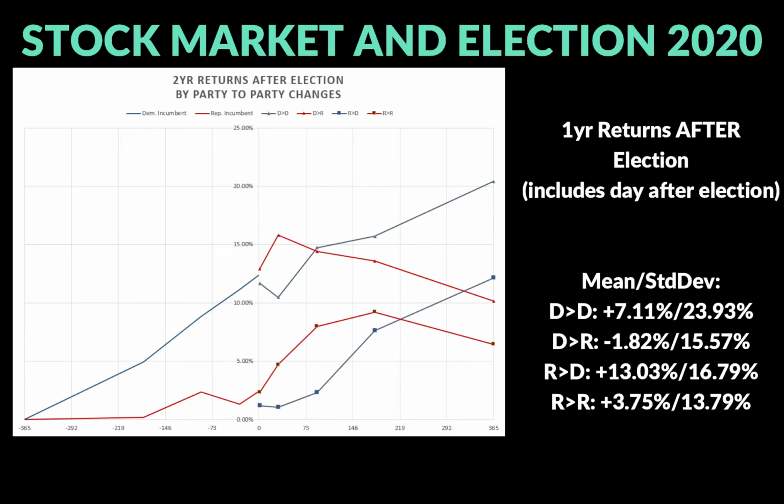So if we go through the possible outcomes, starting with the existing scenario of 2020 where we have a Republican incumbent, if we get a Republican re-election, we do get a bump pretty immediately, and then that actually ends up as one of the lowest scenarios that we have.